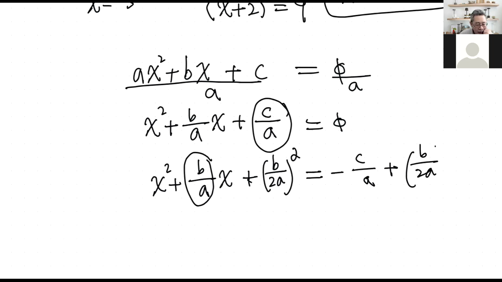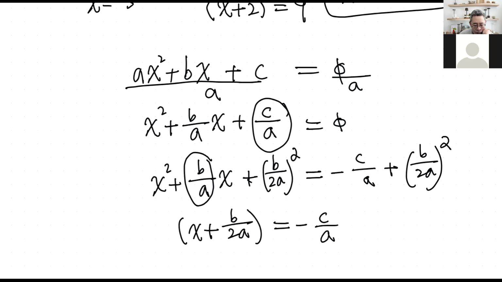And now on this side, of course, we got (x plus b over 2a) squared. And on the other side, we got minus c over a plus b squared over 4a squared. And if you want to combine this, we make that into a negative 4ac.